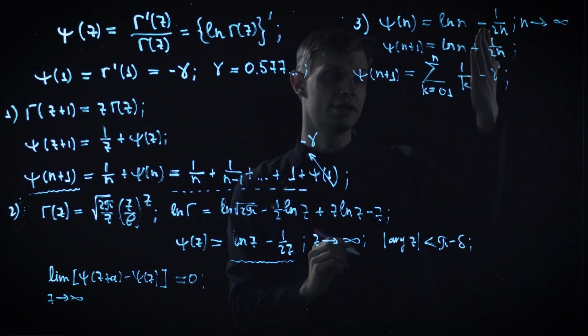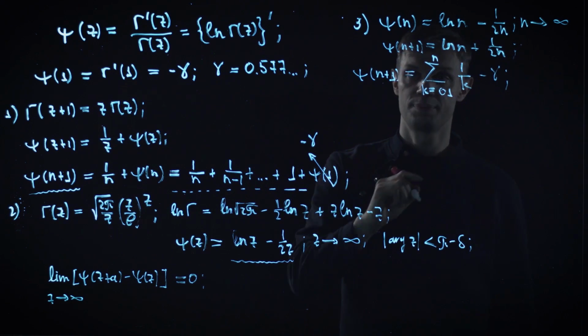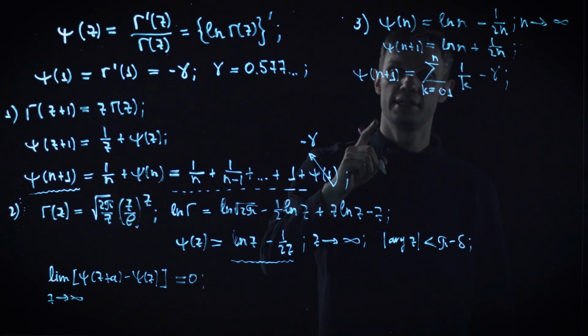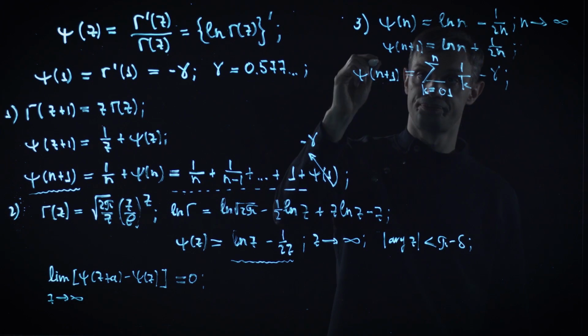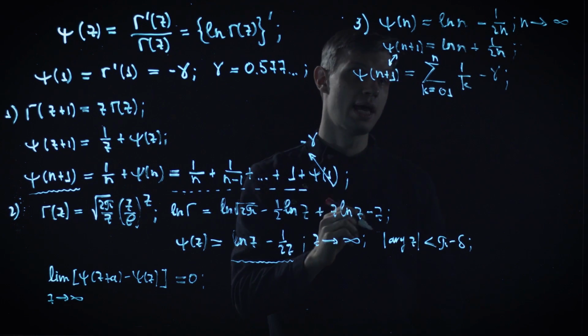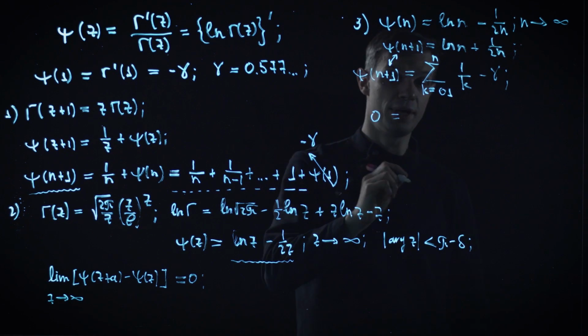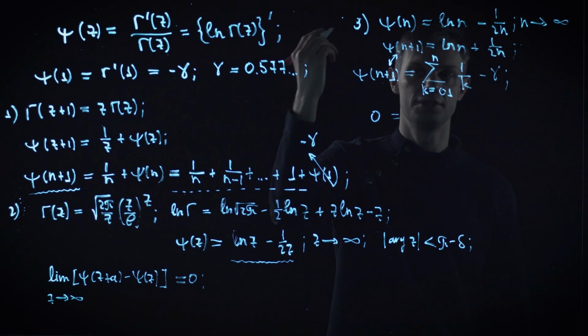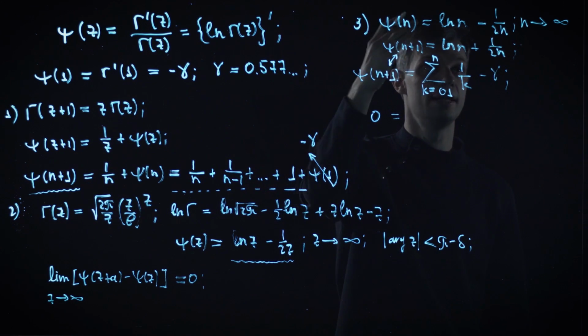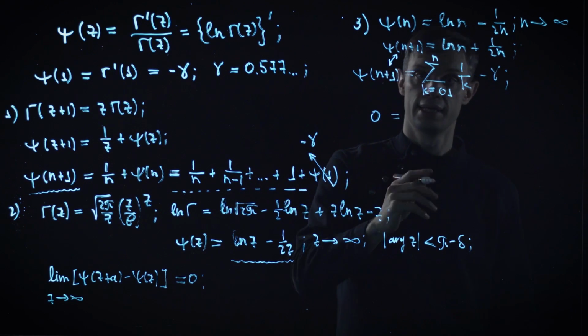And now comparing this approximate expression and this exact expression, we conclude that we can subtract these two equations, and the left-hand side will tend to 0 when n tends to plus infinity, and the same will happen with the right-hand side.